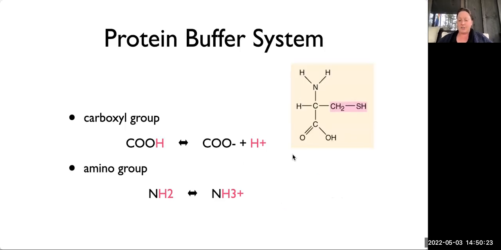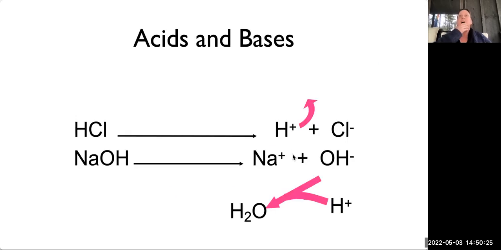Let me back up just a second here. What I'm going to talk about next is how we balance the pH in our blood. The first thing you need to know is that the normal range for pH in blood is 7.35 to 7.45. So it's a very narrow range. Now, just like when you learned about pH in A&P 1, we have these substances in our body that help to maintain the pH.